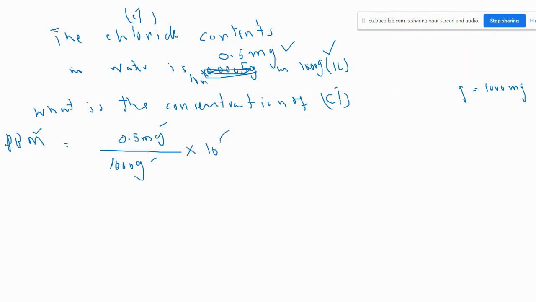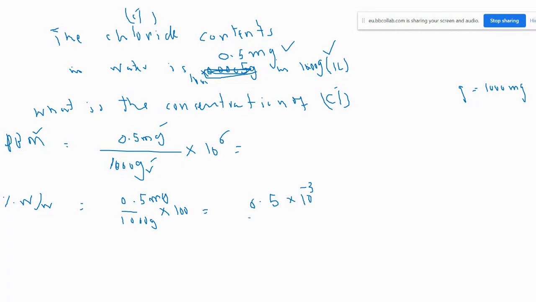Because it is million, I will write it like this. If I write the percentage, it will be 0.5 divided by 1000 multiplied by 100. But here we should have the same unit: here it is gram, here it is gram. So this one is milligram, we should change it into gram. When you change milligram into gram, you divide by 1000, which I can write as 10 to the power minus 3.